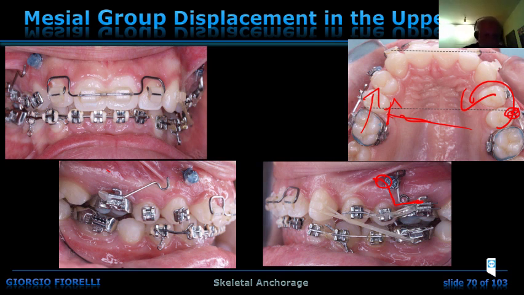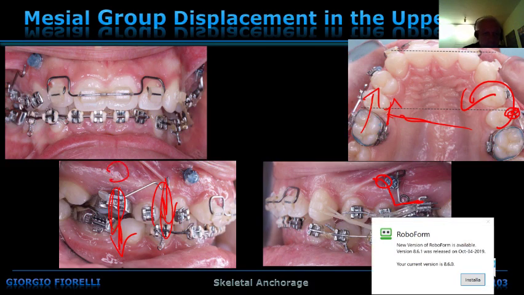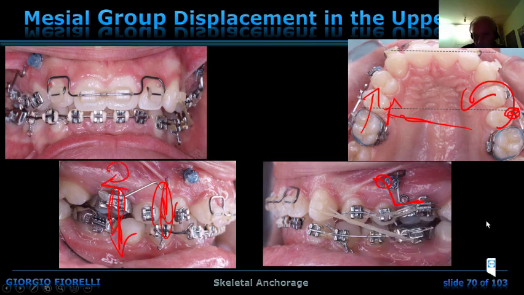If you use an elastic here, you're never solving this problem, okay, or it takes forever. But just use a little bit of thinking, and instead of applying the force at this level, you apply it here, and your elastic will be applied here. So what you're creating is a moment, and sorry for this, and you will have a much better occlusion here.